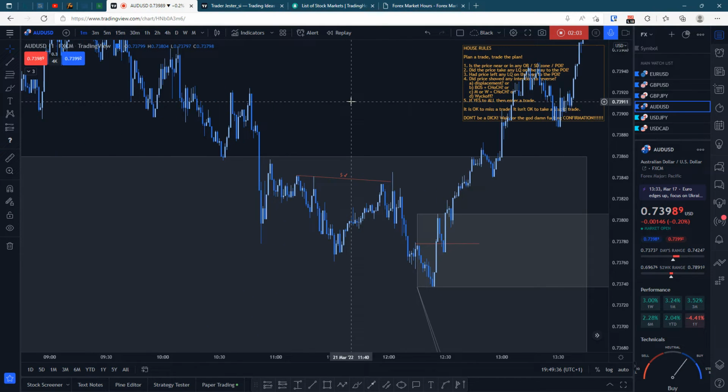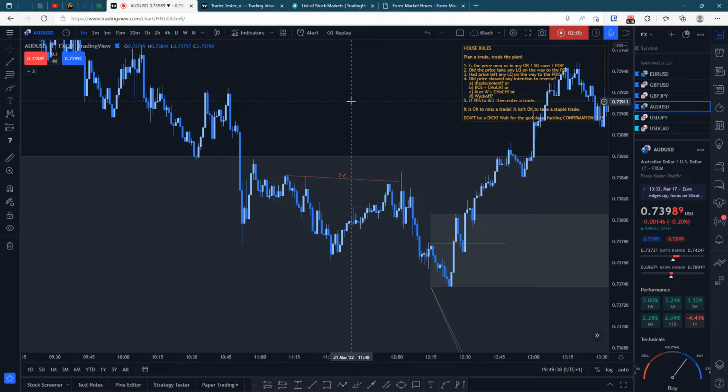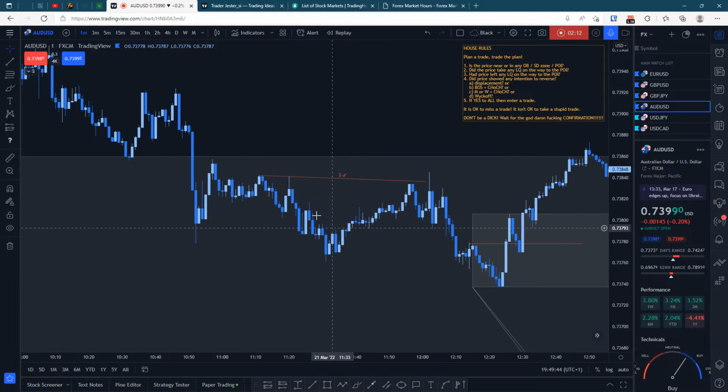So let's jump to the 1 minute and go to my first trade. That was a short, somewhere down here. Where do we have the break of structure? Okay, so on the 1 minute there was a change of character.